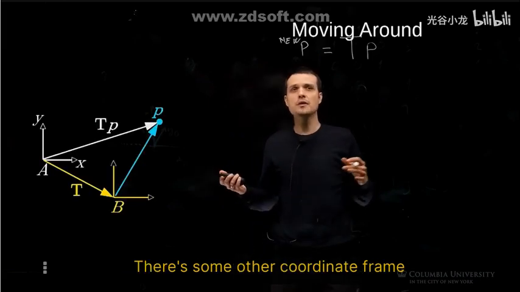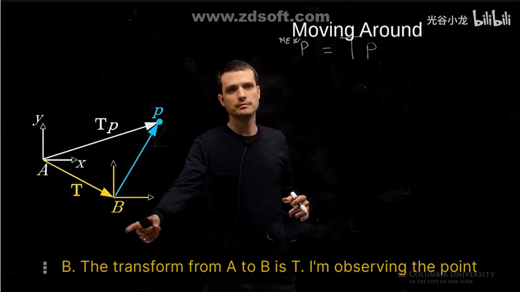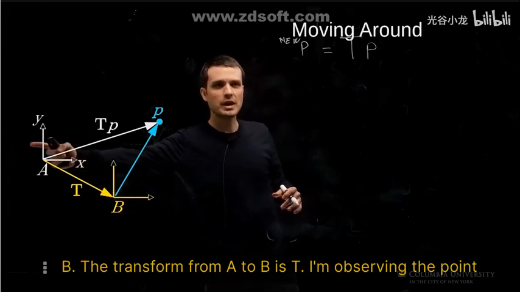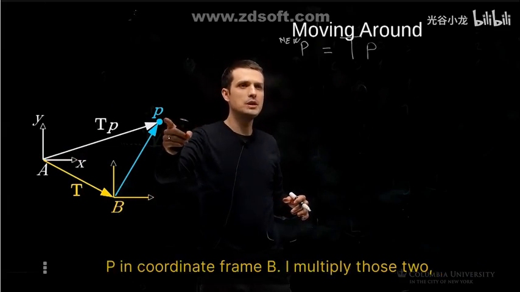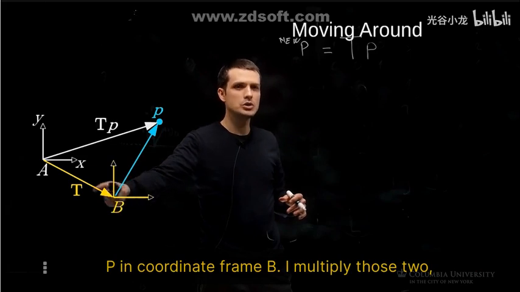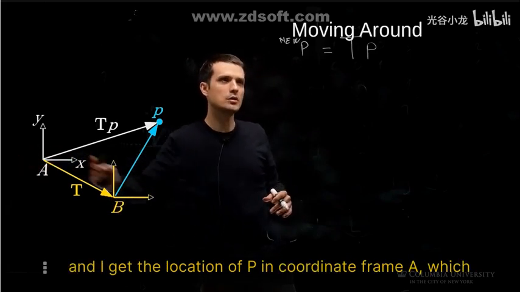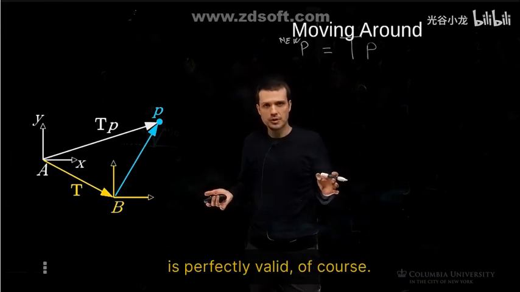There's some other coordinate frame B. The transform from A to B is T. I'm observing the point P in coordinate frame B. I multiply those two, and I get the location of P in coordinate frame A, which is perfectly valid, of course.